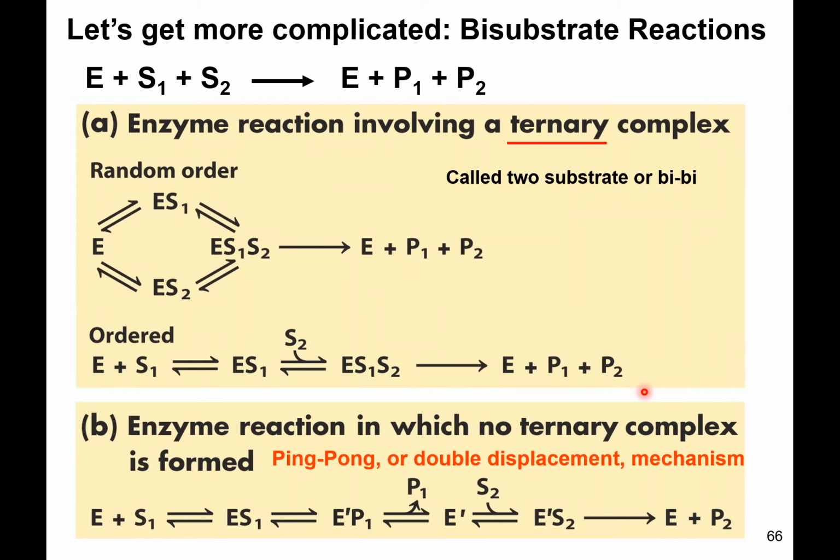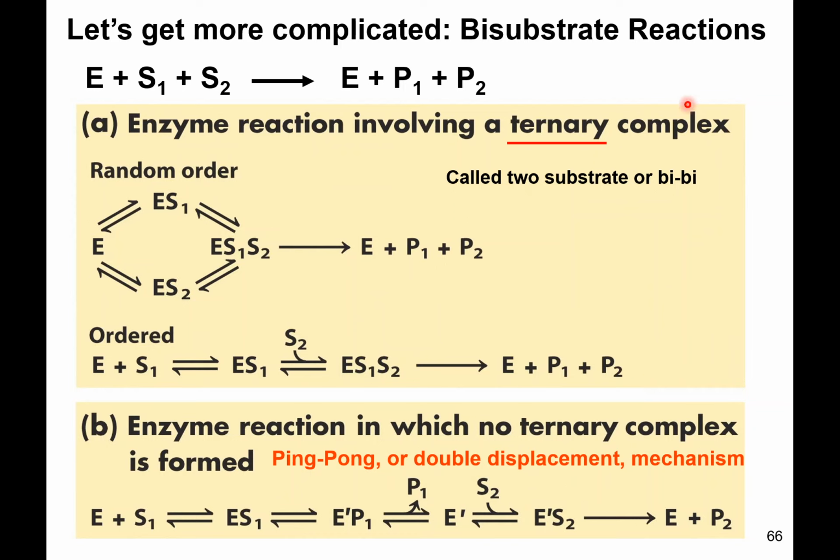This is really complex and very much over our course, so you don't really need to know any of this. But if you're thinking about real-world situations, enzyme kinetics can get really complicated. A bi-substrate reaction, a case where you have an enzyme that binds two different substrates and makes one or two different products, is possible.